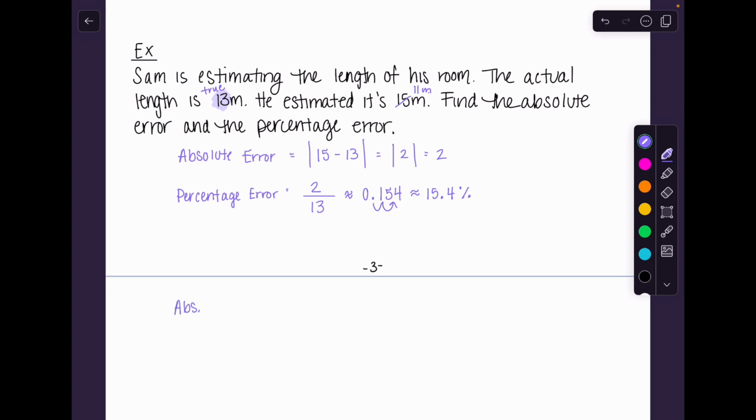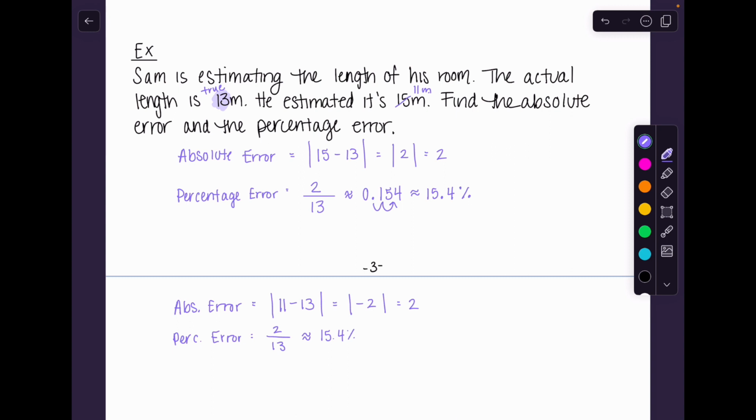The absolute error in this case would be 11 minus 13, which is the absolute value of -2. And that absolute value just turns this to +2 instead. So still the same absolute error, which means the percentage error is the same. It is 2 divided by 13, which is about 15.4%.